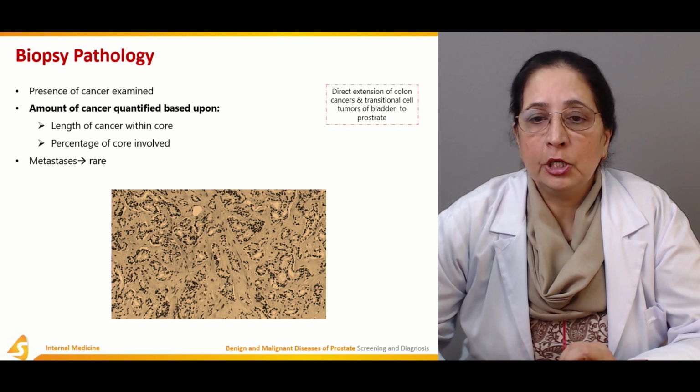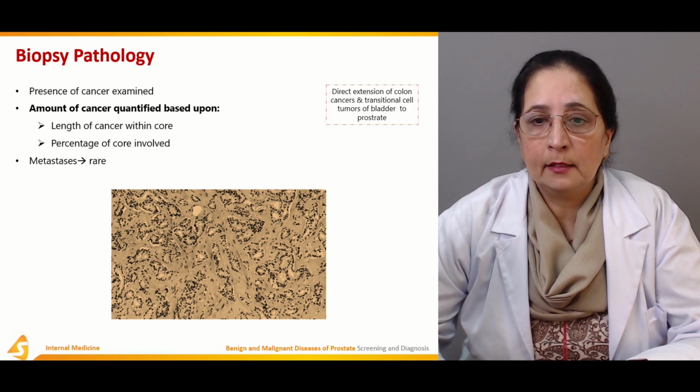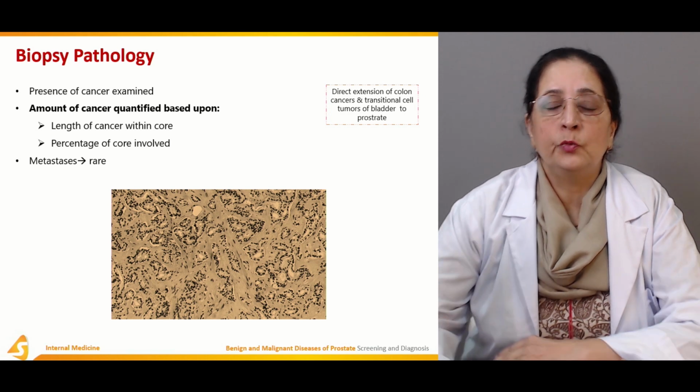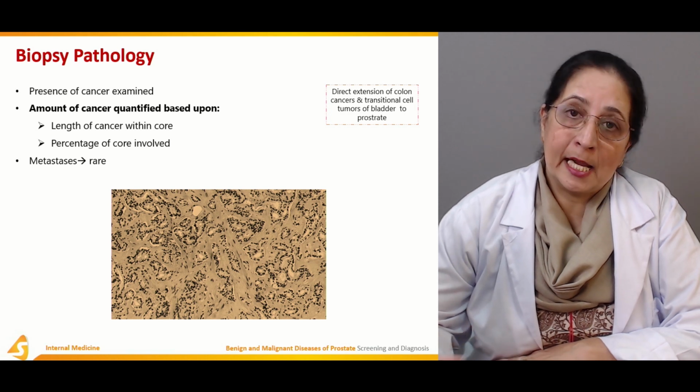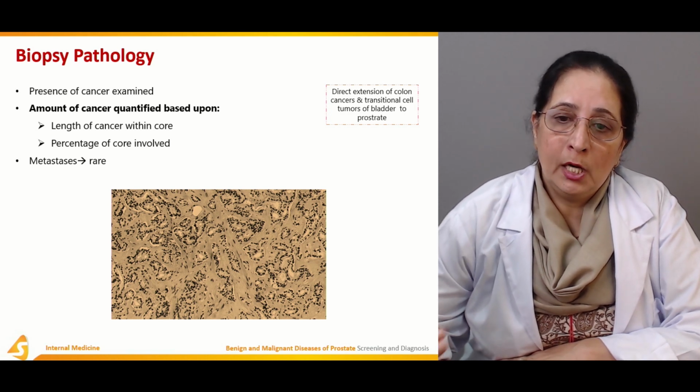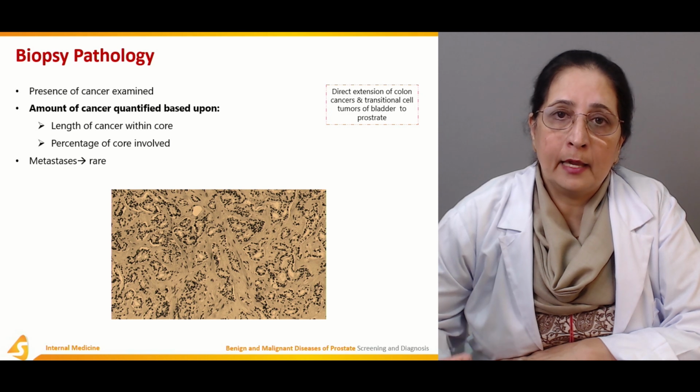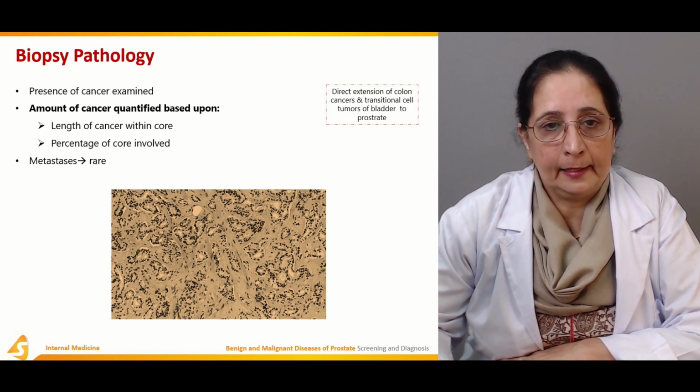Direct extension of colon cancer and transitional cell tumors of the bladder to the prostate can also occur. So metastasis from the colon and the bladder can occur to the prostate gland.